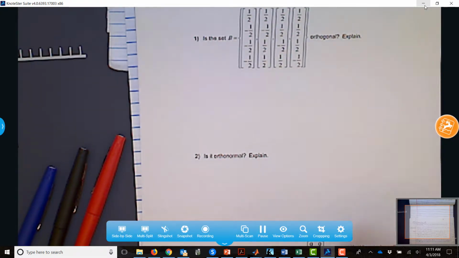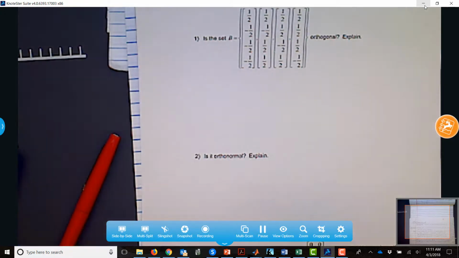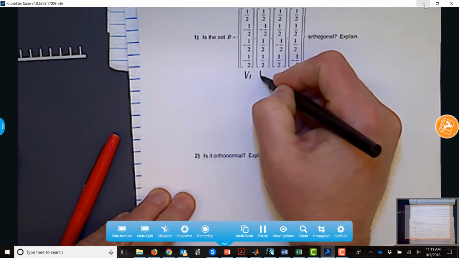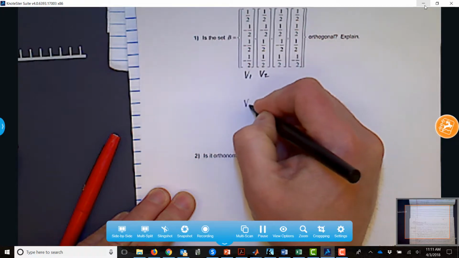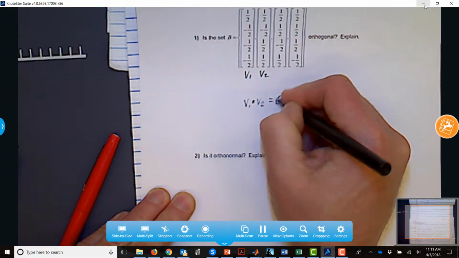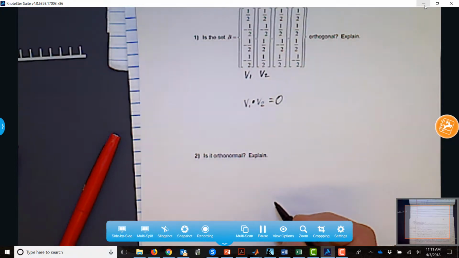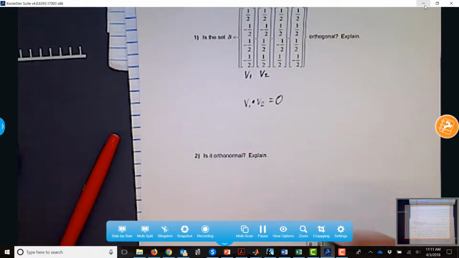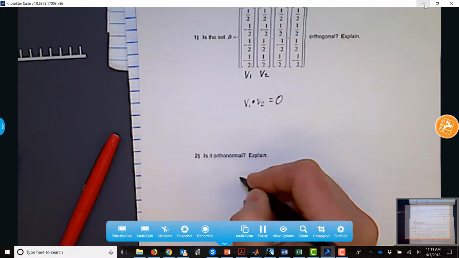Okay, so I asked you guys, is this set orthonormal? You had already checked that if this is V1 and this is V2, V1 dot V2 was 0. But for this to be an orthonormal set, what do we need to be true?